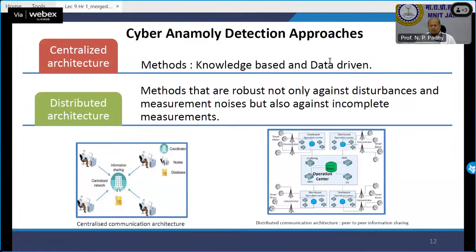You can see both arrangements. In centralized communication architecture, there is a command which goes to everyone and everyone follows it. In case of distributed, everyone has their distribution operations centers, everyone is independent and they act accordingly.